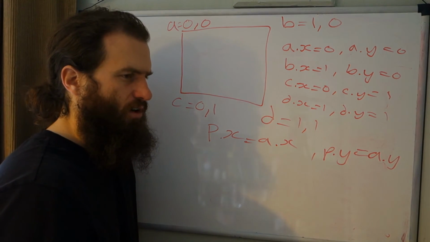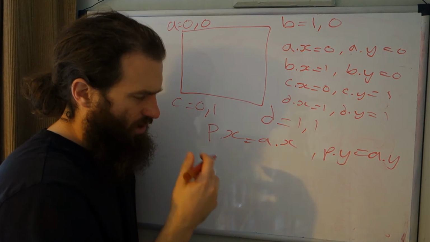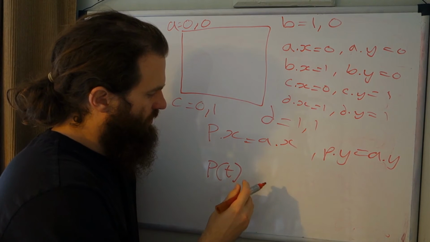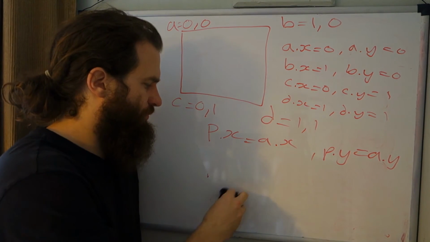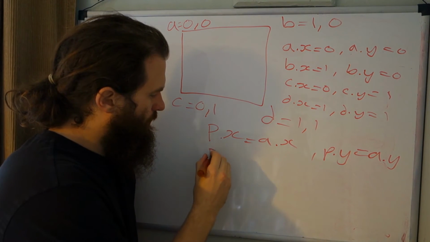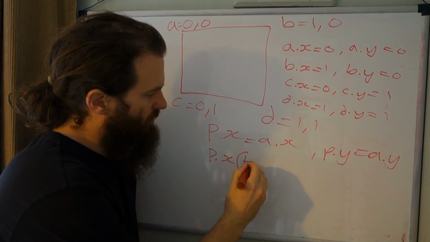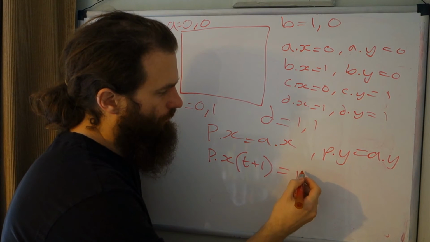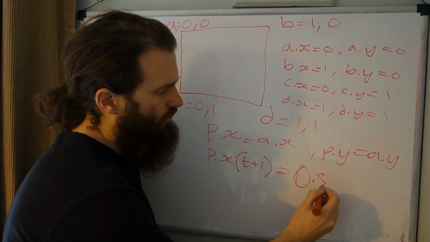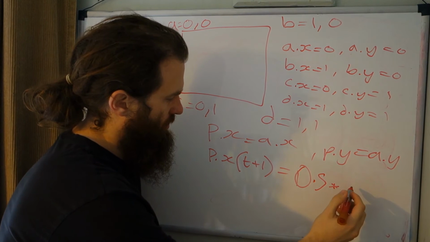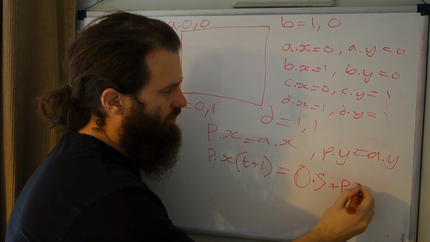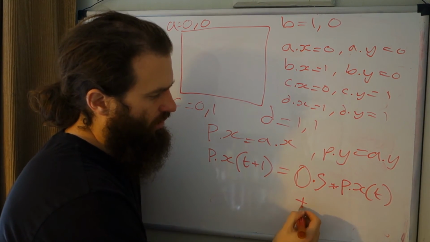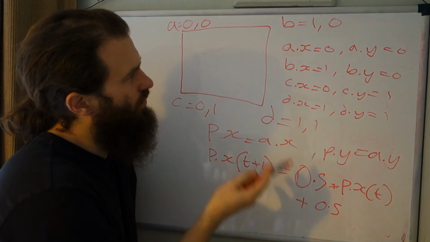Now we're going to introduce a time subscript so that we can say what we're talking about. We'll say that p.x at time t plus 1, the next time step, equals half times p.x at time step t plus a half of whatever we're going to.